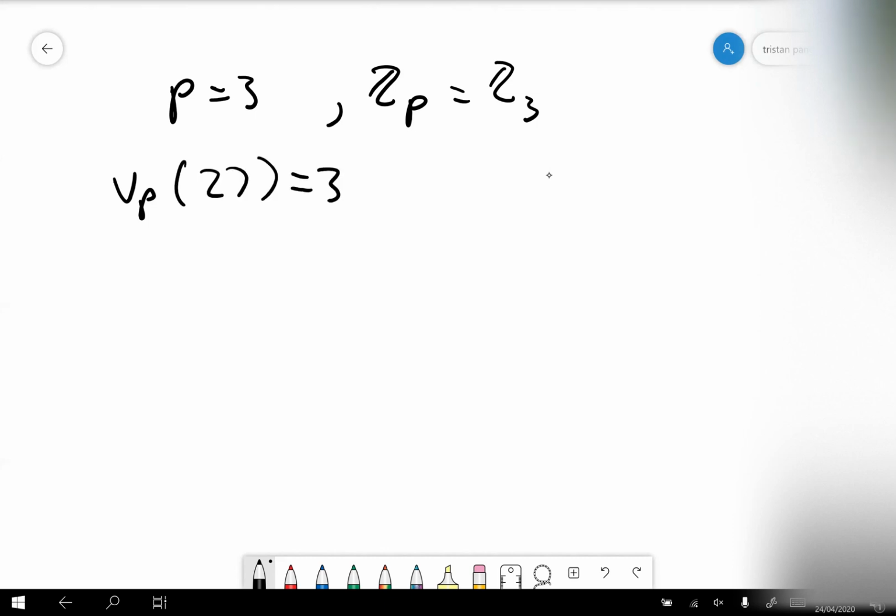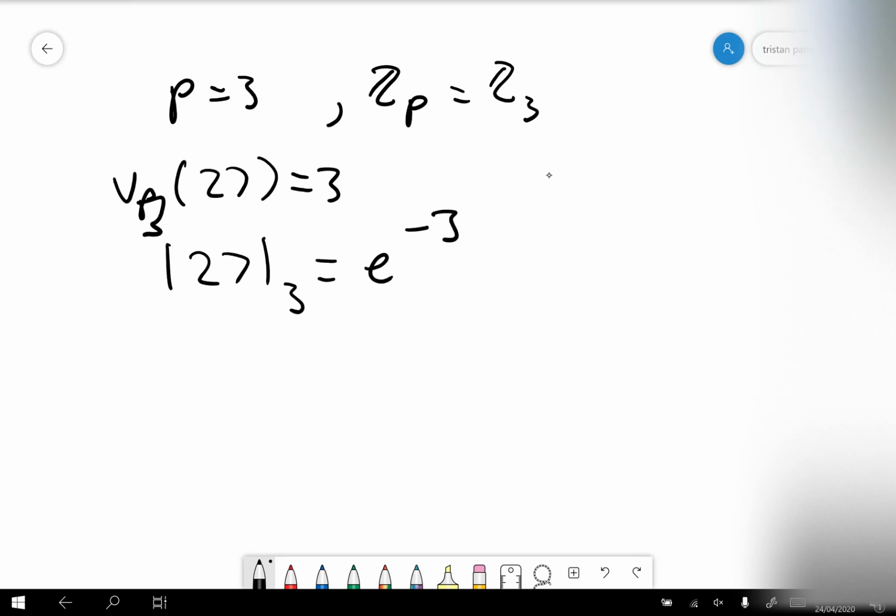If we had P equals 3, and we're looking at the 3-adics, I said before that the valuation of 27 was 3, because 27 is 3 cubed. That means the norm of 27 in the 3-adics would be e to the minus valuation, so it'll be e to the minus 3.